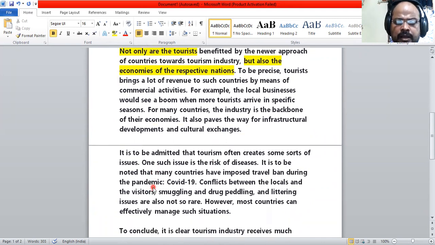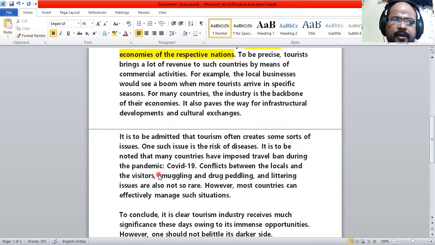Now, the other thing. What we can see in the disadvantage paragraph, we have to see the other side. What are the drawbacks of tourism? It often creates some sorts of issues. One such issue is the risk of disease. So we have some negative impacts too. Many countries, for example, imposed a travel ban on people during the pandemic.